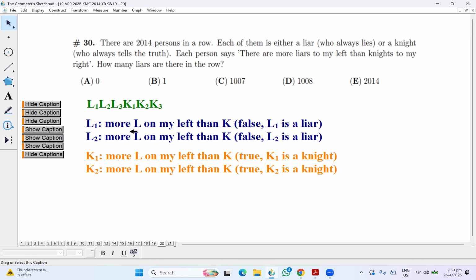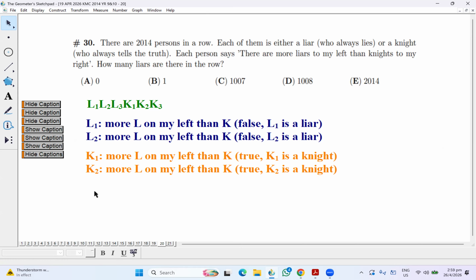If we talk about K1, more liars on my left than knights: K1 has 3 liars, 2 knights only, so K1 is saying something true. So K1 is a knight. K2 also, more liars to the left, 3 liars, and then only 1 knight on the right. So true. So K2 is a knight.